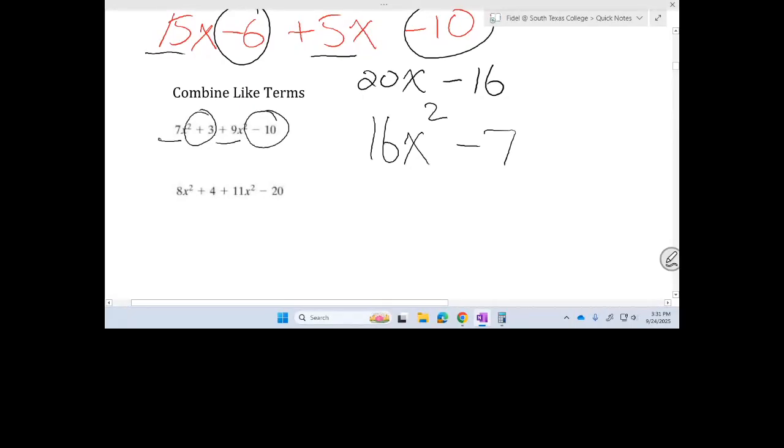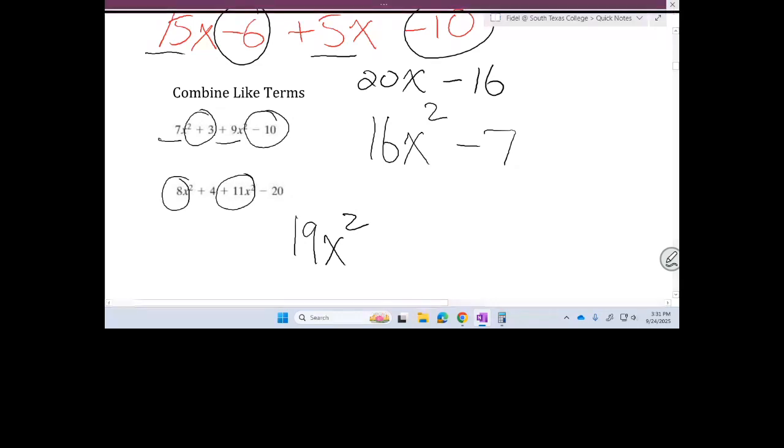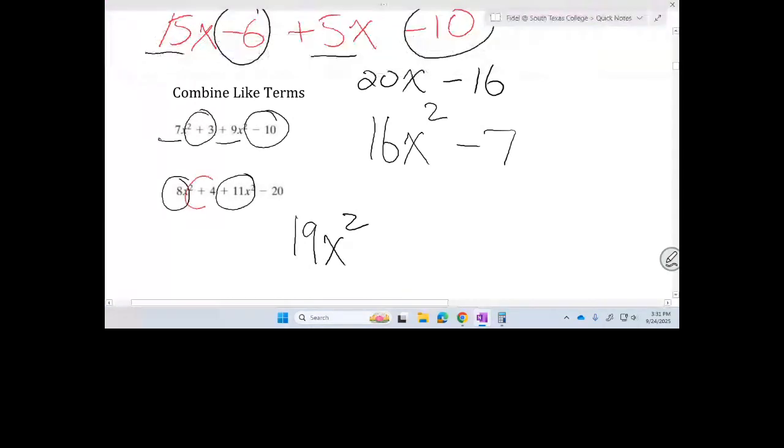Because if I have 3 and I owe you 10, I still owe you 7. And then finally, y'all, 8x squared and 11x squared, if I add those together, that's a 19x squared. And then right here, y'all, look, a plus 4 and a minus 20. I owe you $20, and I say, here's 4. I still owe you 16, right?